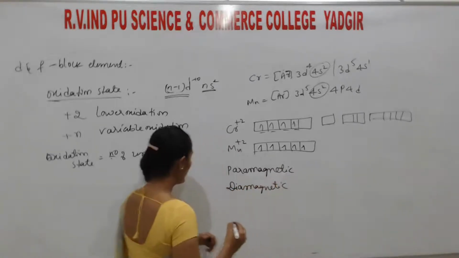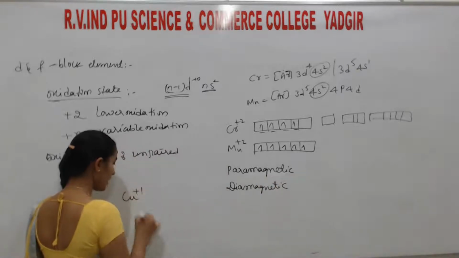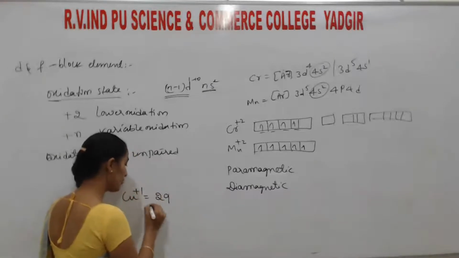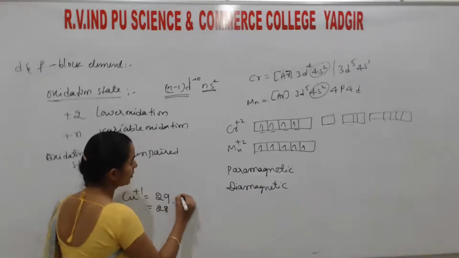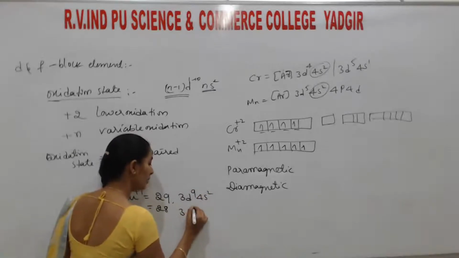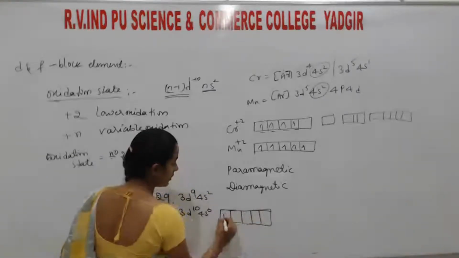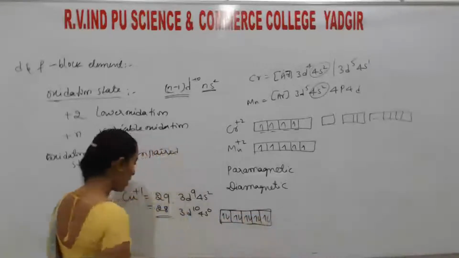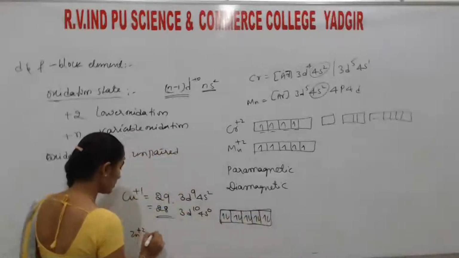Example for paired: take the Cu +1 configuration. Cu atomic number is 29, +1 means it is 28 electrons. Electronic configuration is 3d10. So here, if you fill up the electrons, it is completely paired. And take Zn +2.